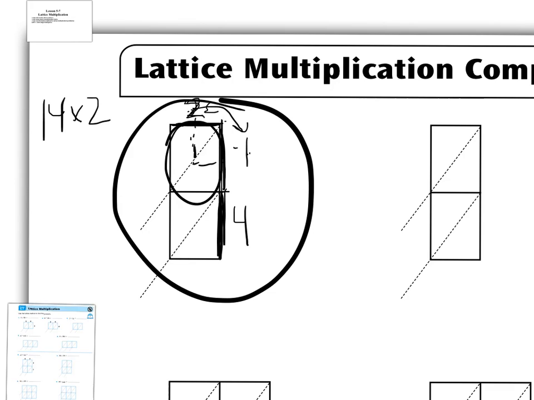So 2 times 1 is 2. But in this other box, in the top half, you'll put 0. You can only have one digit in each of these half squares. We're only going to have one digit here, because 2 times 1 is 2.